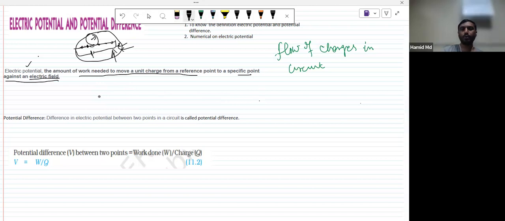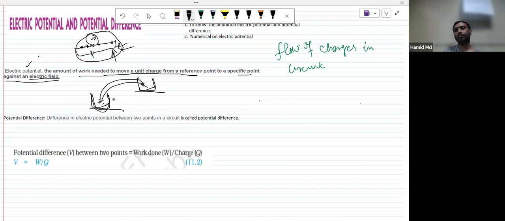See, if you have to drive water from one bucket to another bucket on the top, what will you do? You will use a pump, right? Will you use a pump or not? This bucket is on the earth and this bucket is on the roof.